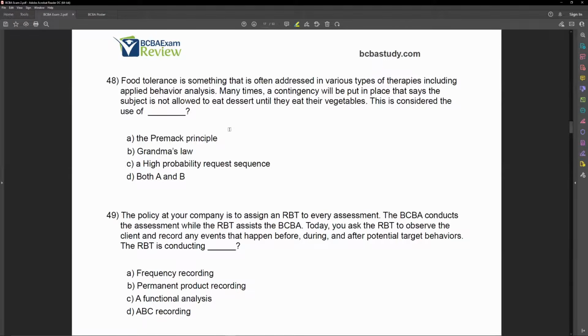Trying to evoke high probability behaviors, high response rate behaviors, and then asking the client to engage in a low probability behavior. But that's not what's occurring here. A simple contingency was set up using dessert, or the opportunity to eat dessert, as reinforcement for eating their vegetables. So our answer is going to be D, both A and B.